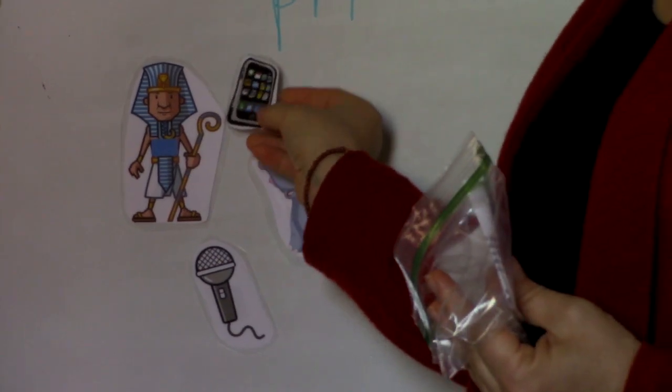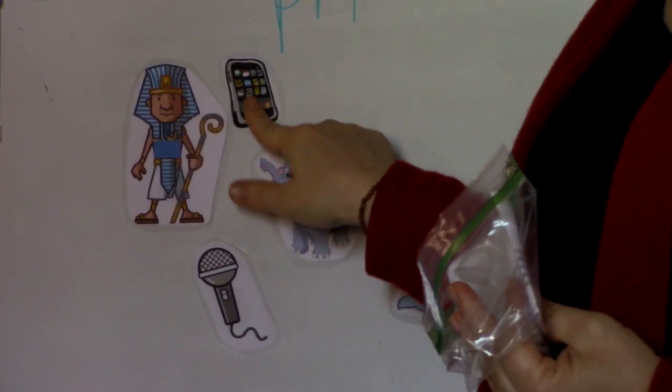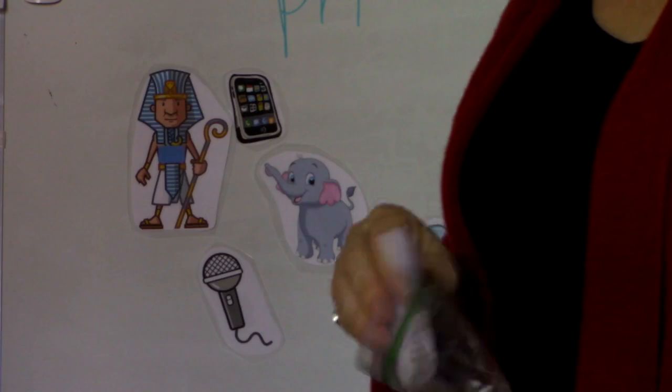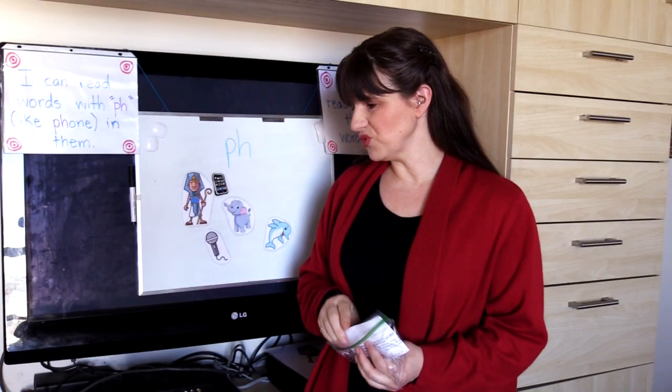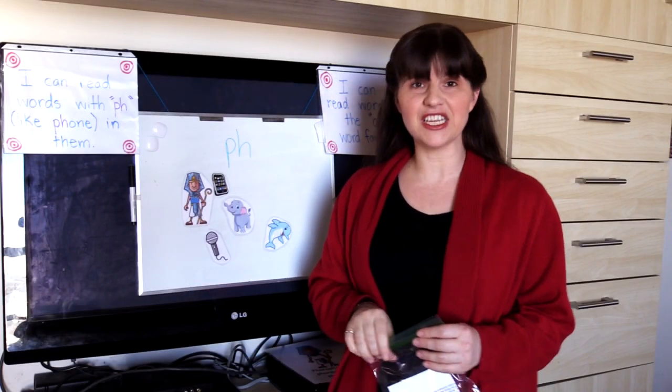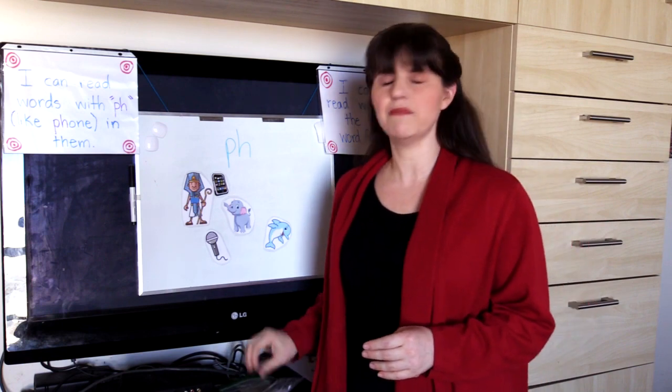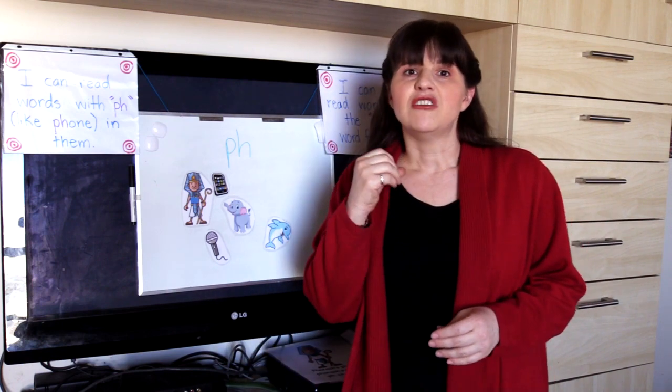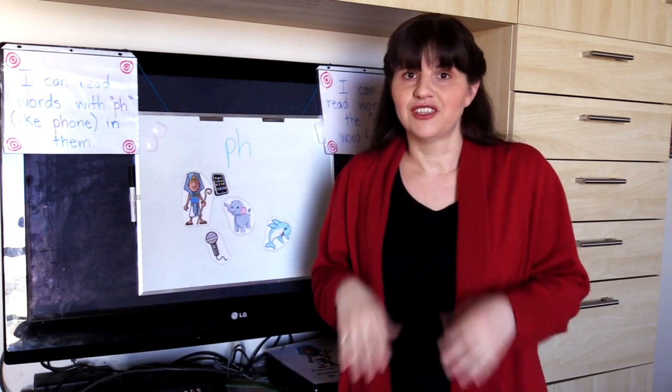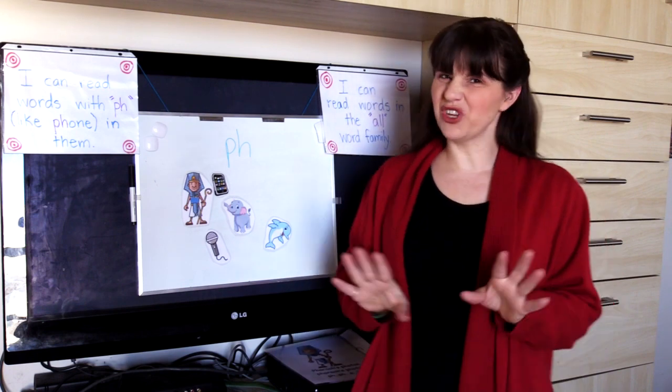I bet you guys have cell phones that you love too. So there's his cell phone. Now this cell phone was really kind of funny. Every time he took a photo, it made this sound. Okay, so it was a really weird cell phone.